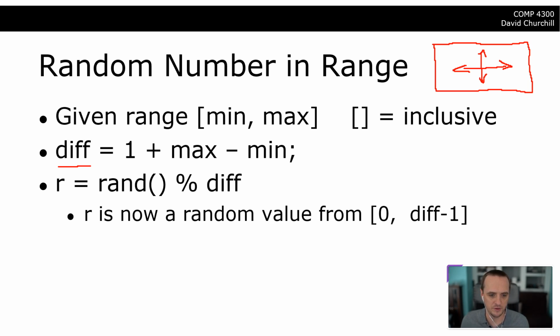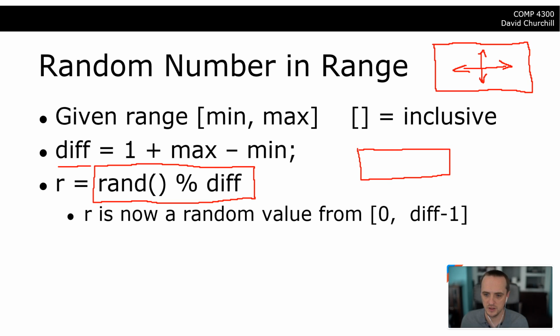So what's going to happen is we're going to take rand and we're going to use the modulus operator. The modulus operator is like the remainder operator, right? So if we have an array with 5 values, and let's say we take 7 mod 5, you go 1, 2, 3, 4, 5, 6, 7, you get back to 2.